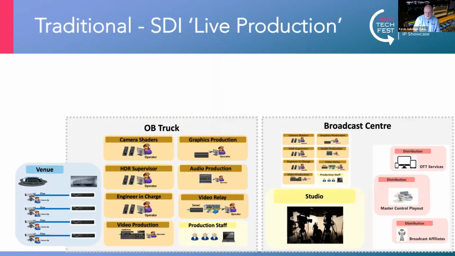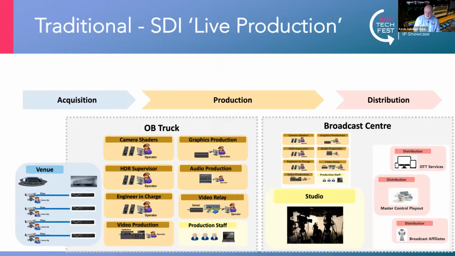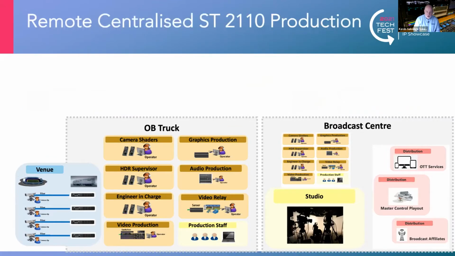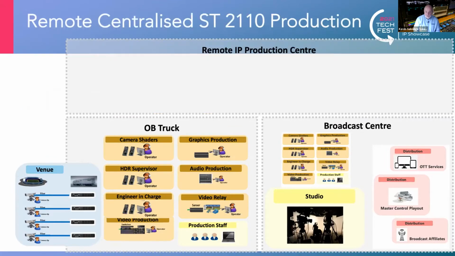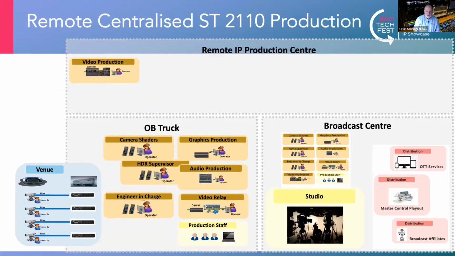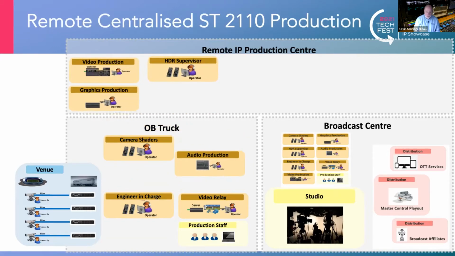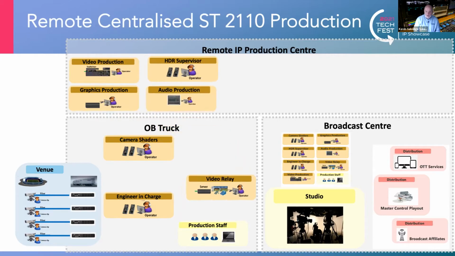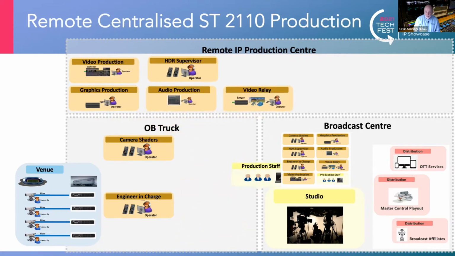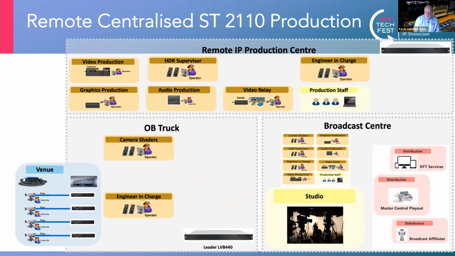So as I mentioned, we have a traditional kind of workflow from acquisition to production to distribution. And what we've seen over the last 2 years is a move to kind of a remote IP production center where services and operations have been removed from the OB truck and they've been placed into the remote IP production center.